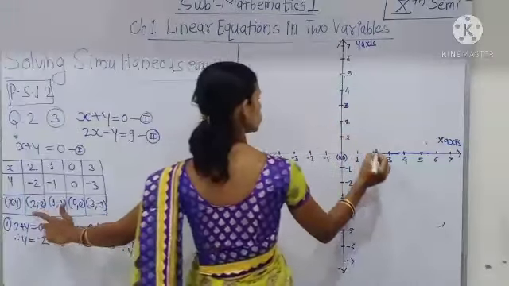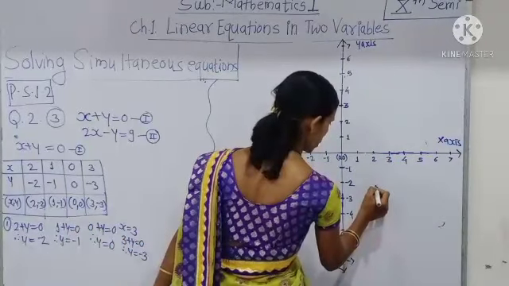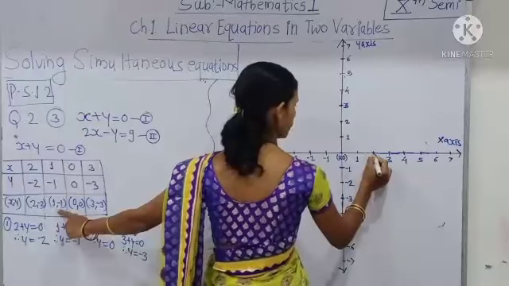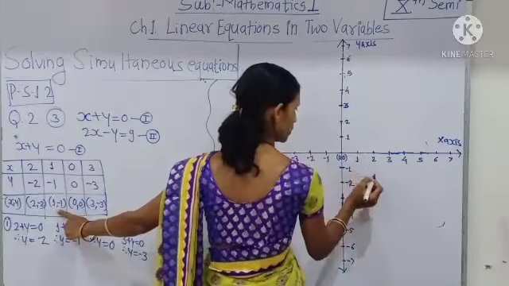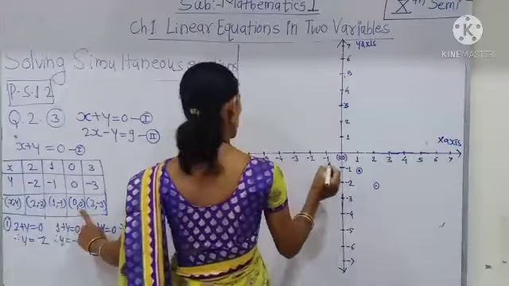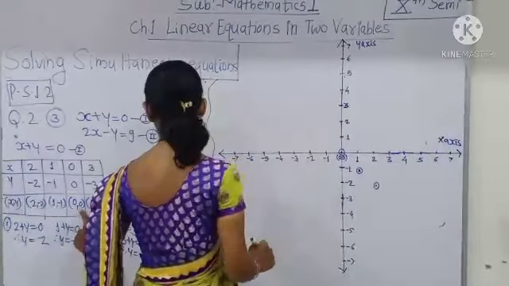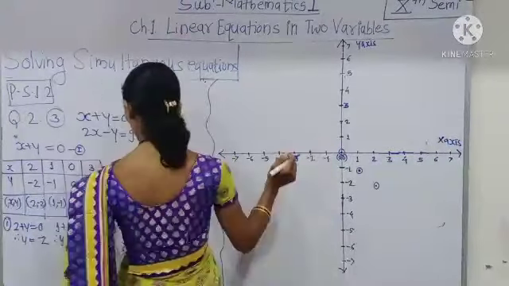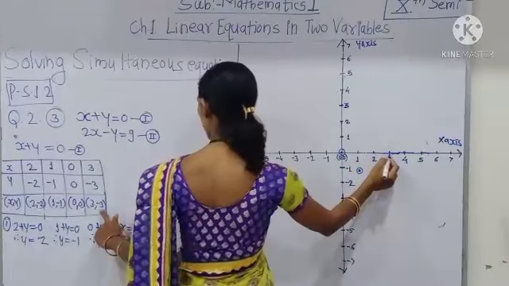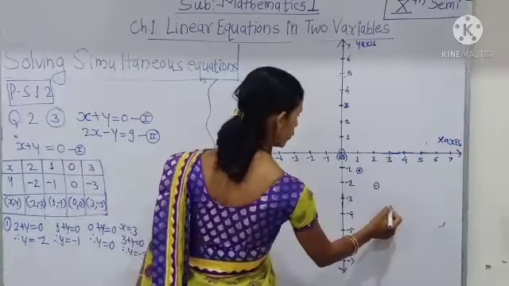Then (2, -2) is the first point. On the x-axis 1 and -1, that is the second point. (0, 0) is the origin, that is the third point, and 3 on the x-axis and -3 on the y-axis.